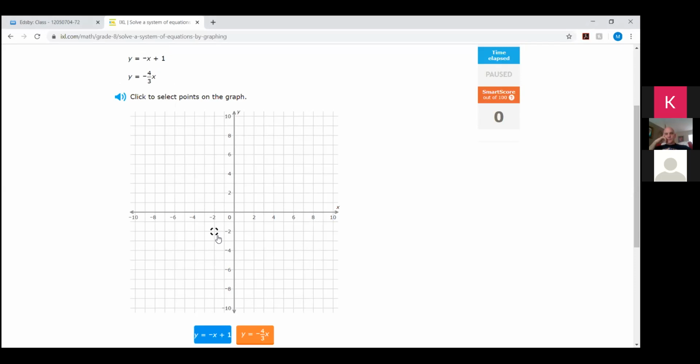I basically forgot all my general knowledge of how to graph. So this is slope intercept, right? This one has a couple of situations where you don't actually see the numbers, but they're there technically.